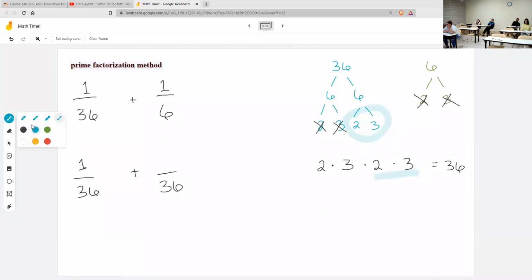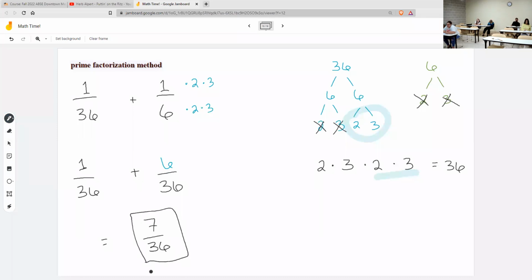Right? That's what goes over here, the times 2 and times 3. You could write a times 6 if you want. So 1 times 2 is 2, times 3 is 6. So this becomes a 6 there. And just like before, when we add them up, 1 plus 6 across the top is 7 pieces of pancake. How big are they? They are 36.